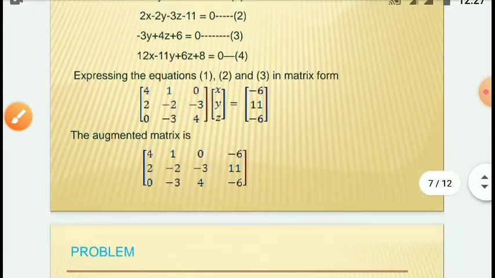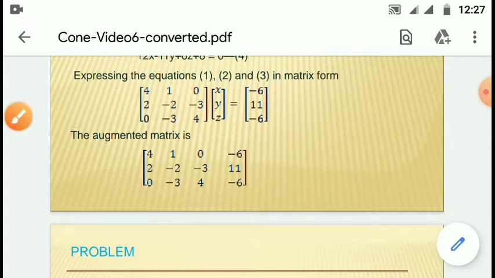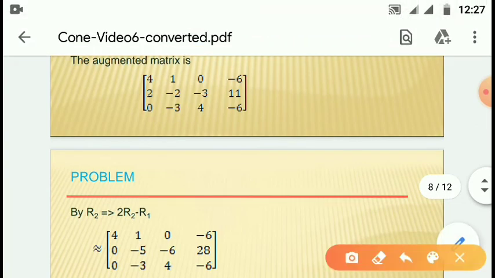So from this we can write the augmented matrix. How can we write the augmented matrix? The augmented matrix can be written just by attaching the constant matrix to the coefficient matrix. Therefore, by doing that, we get this augmented matrix. We now convert this augmented matrix into an upper triangular matrix by using the required row transformations. What is an upper triangular matrix?